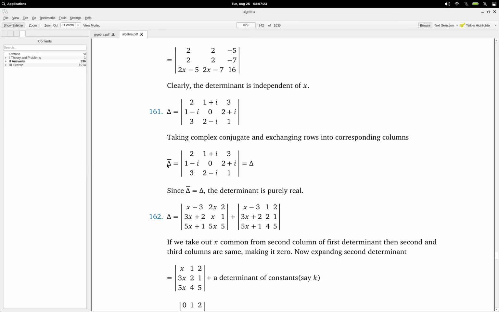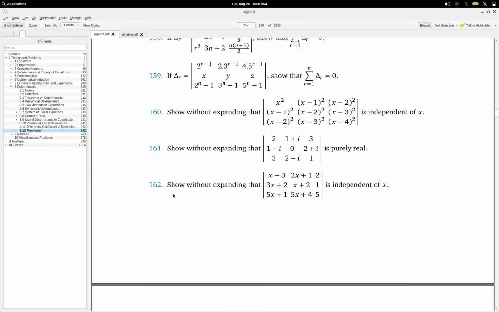So our delta bar, that is the conjugate of the determinant delta, is same as delta. And since delta is equal to delta bar, that is the determinant and its complex conjugate are equal, the determinant is purely real. We know that if there is a complex number z and its complex conjugate z bar are same, then it's a purely real quantity. So very easy question.